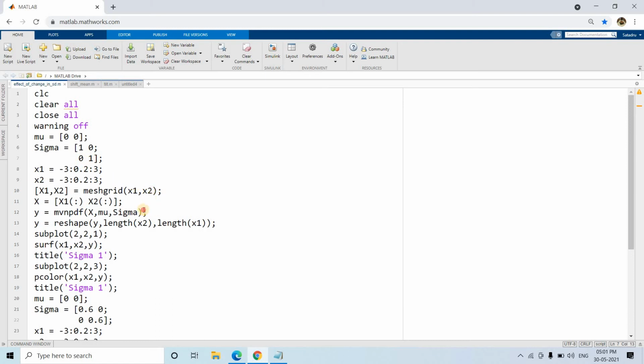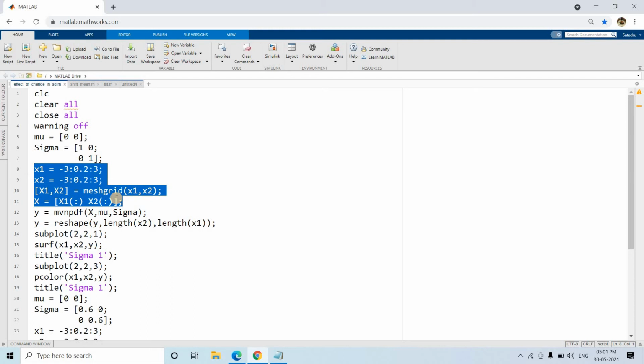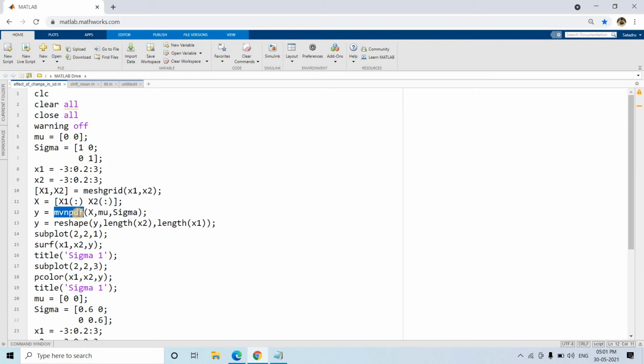Then I am creating a 2D grid. I have used this several times in explaining the decision surface or decision boundary of different machine learning algorithms. Then mvnpdf is the multivariate normal distribution probability density function.